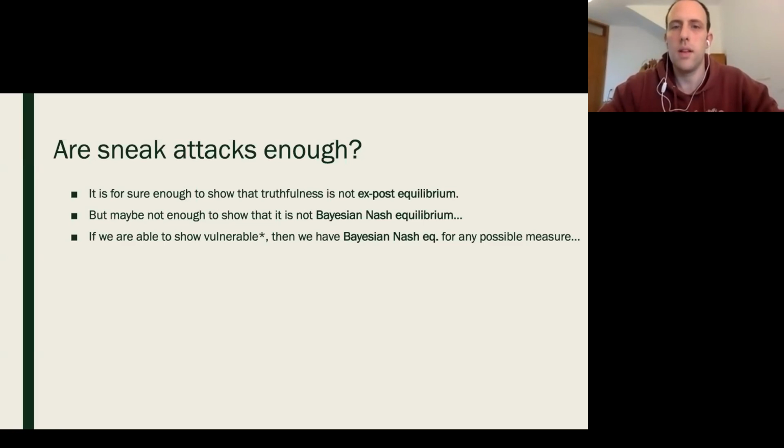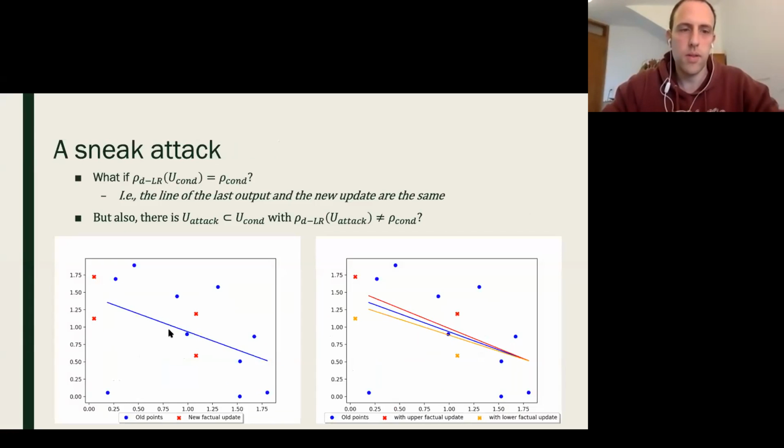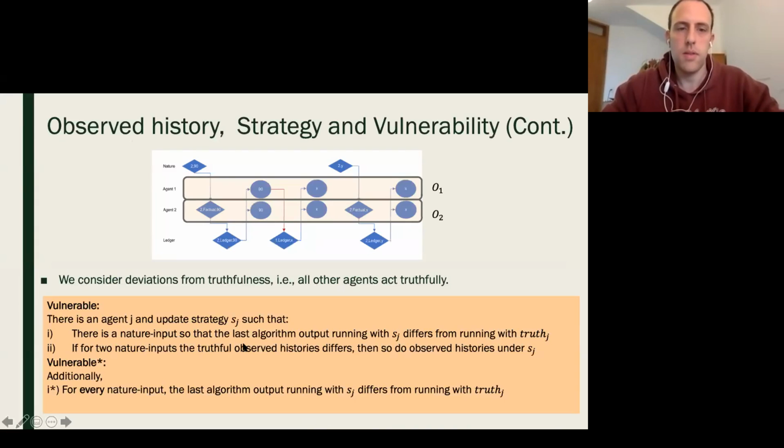you could consider things like the ex post equilibrium or Bayesian Nash equilibrium given some measure. And what I'm saying is that if you follow this condition, you would see that in an ex post equilibrium, you need for every nature input that deviating to manipulation wouldn't be better than the truthful strategy.